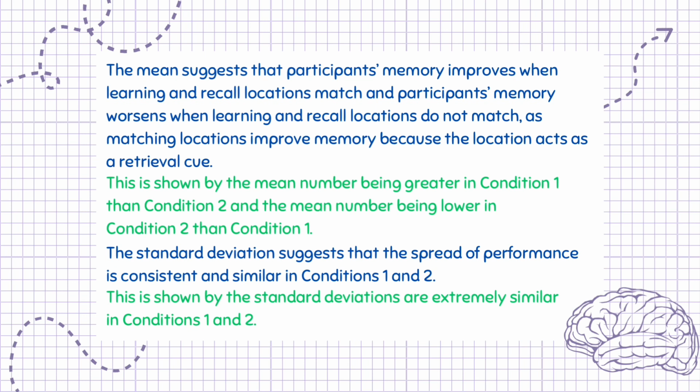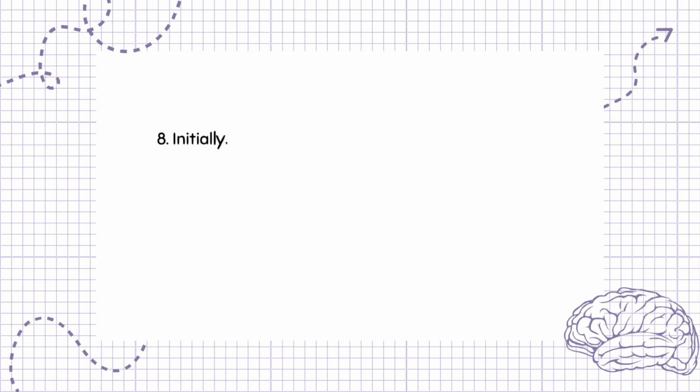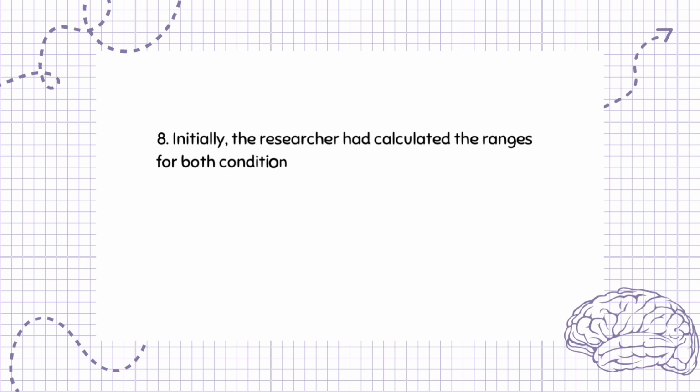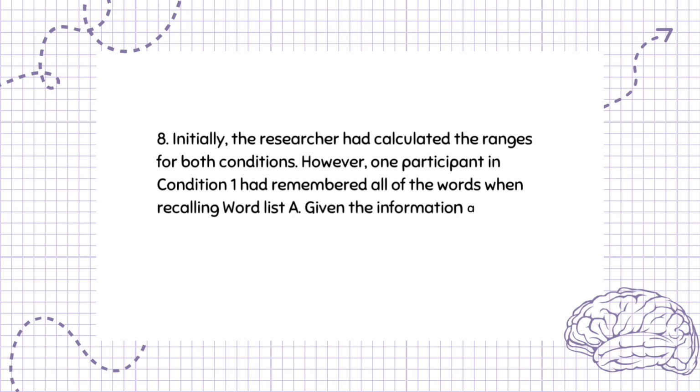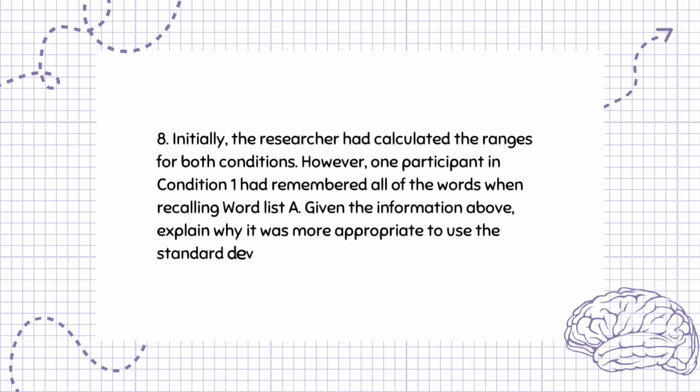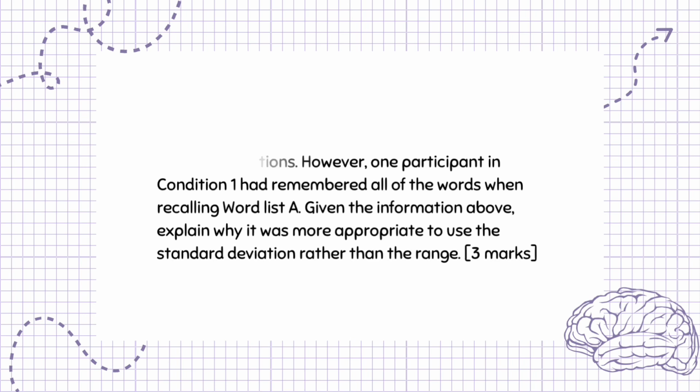Question 8. Initially, the researcher had calculated the ranges for both conditions. However, one participant in condition 1 had remembered all of the words when recalling word list A. Given the information above, explain why it was more appropriate to use the standard deviation rather than the range. 3 marks.